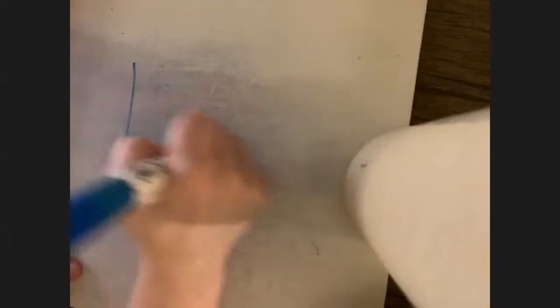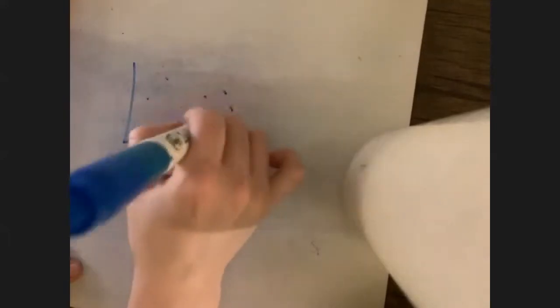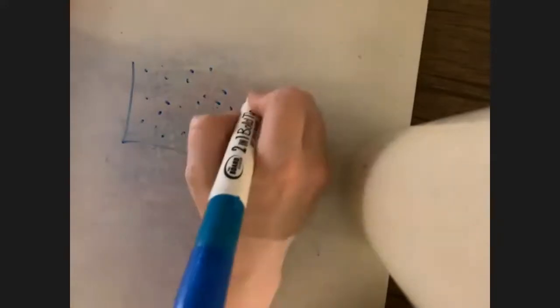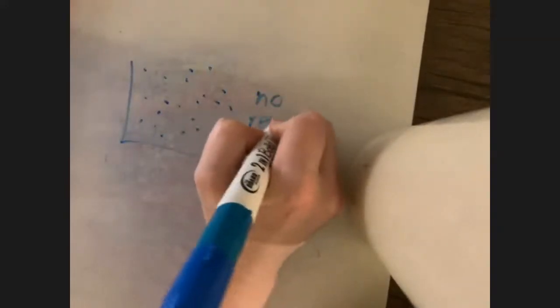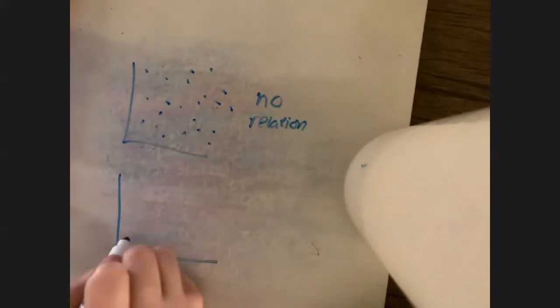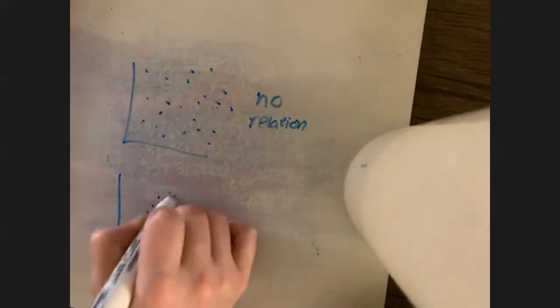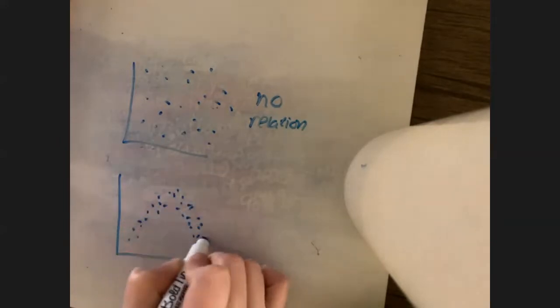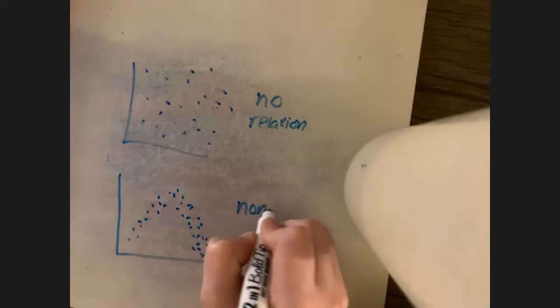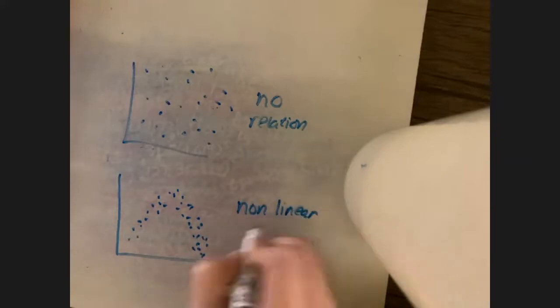One option is that there's actually just nothing there, no relationship whatsoever. The other thing that can happen is that there is a relationship there, it's just non-linear.